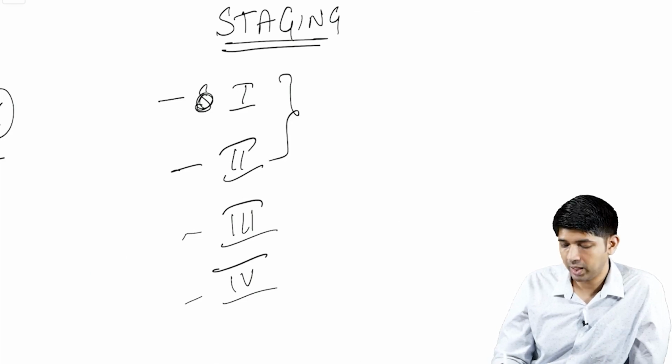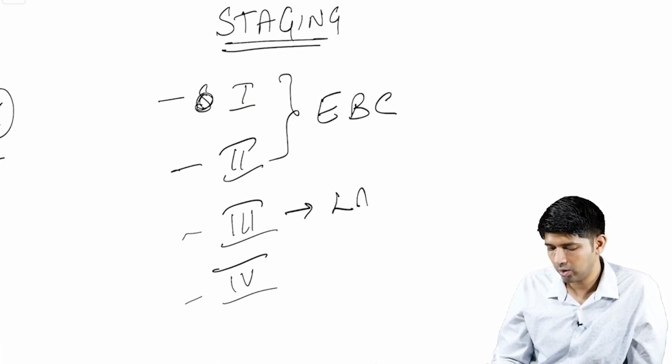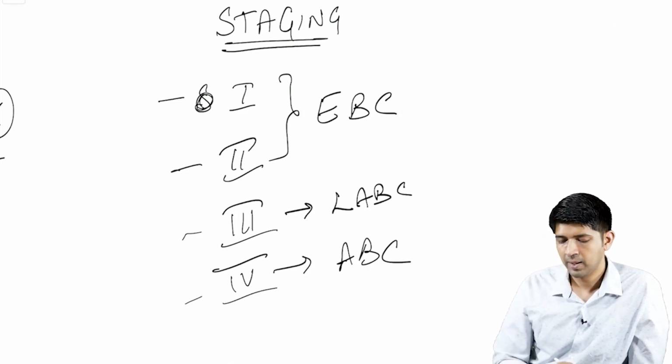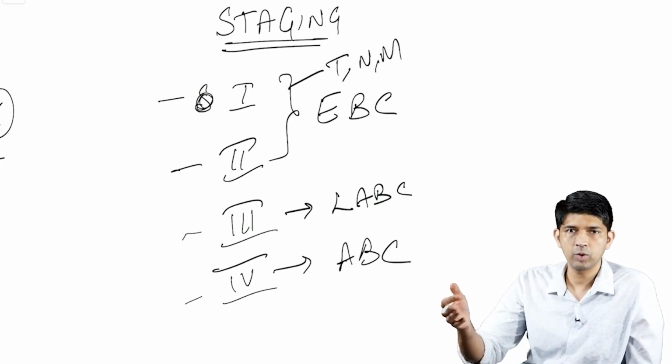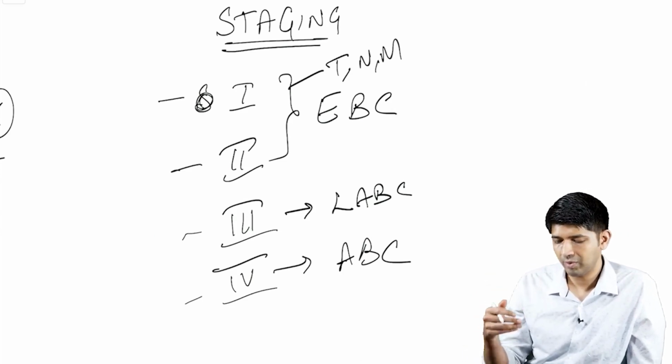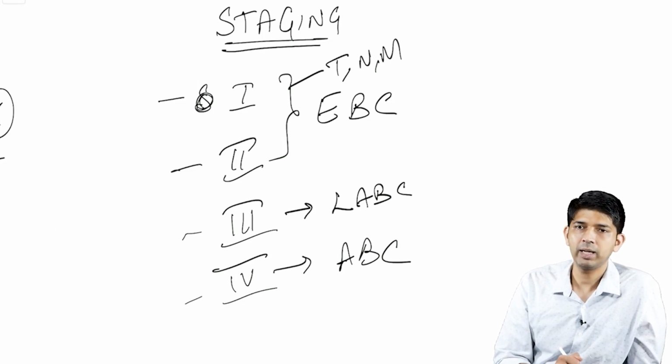That is because stage 1 and 2 are called early breast cancer. Stage 3 is called locally advanced breast cancer. Stage 4 is called advanced breast cancer. Now each of these have different combinations of T, N and M. Okay, like T1, N0, M0, T2, N0, M0. So it's very confusing, but we'll make it very simple when we talk about management and evaluation of CA breast. Okay, thank you.